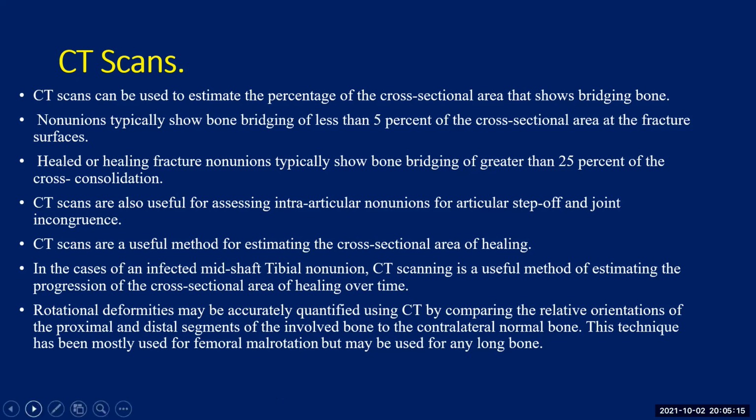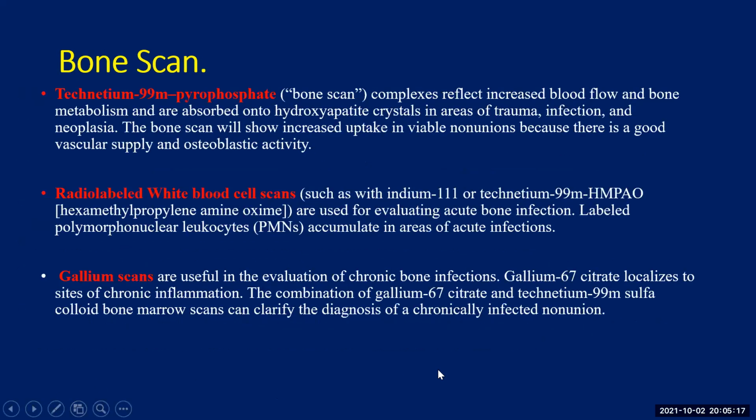Now coming on to bone scans. Technetium-99 pyrophosphate complex reflects increased blood flow and metabolism and is absorbed onto hydroxyapatite crystals in areas of trauma, infection and neoplasia. The bone scan will show increased uptake in viable non-unions because there is a good vascular supply and osteoblastic activity.